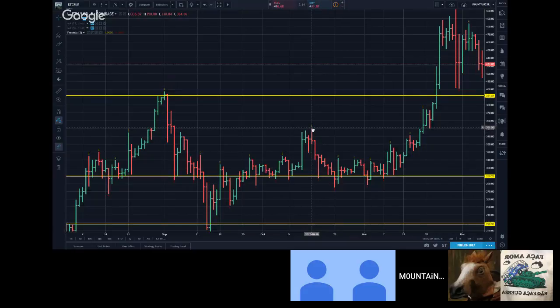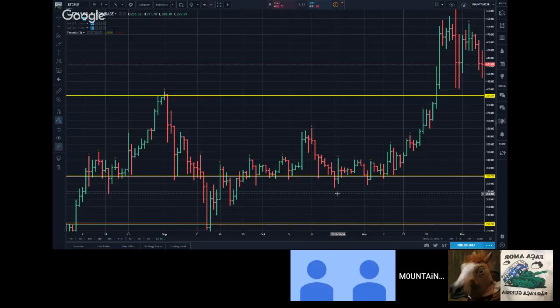So it draws in a fractal to tell you that the 2 points before and the 2 points after were both below this point, okay? It does the same thing underneath. So if we come down here, I'll just pick this one. Here's a fractal here. The two low points before it and the two low points after it are all higher than this one point.